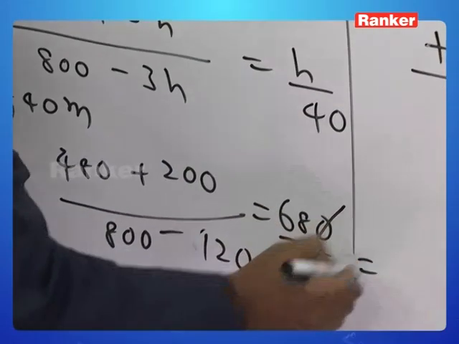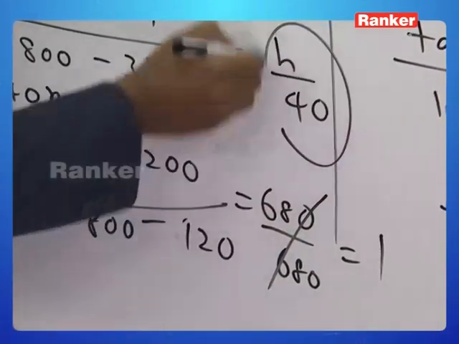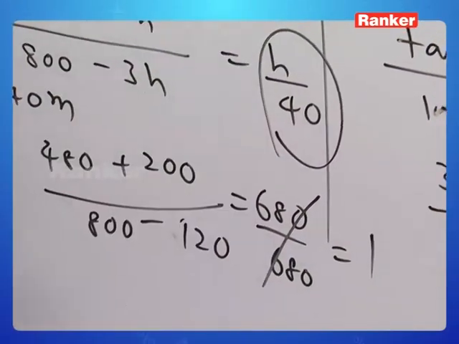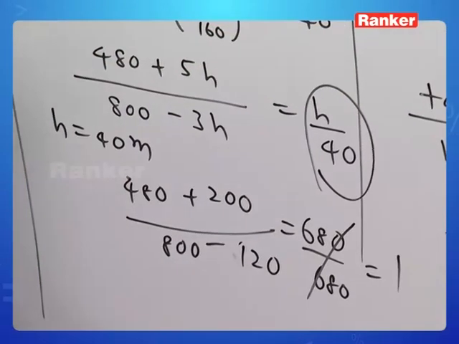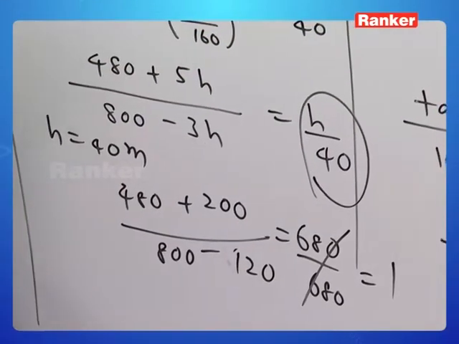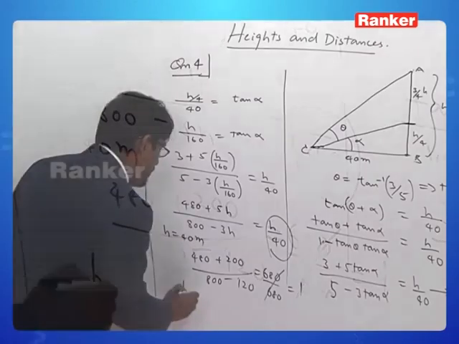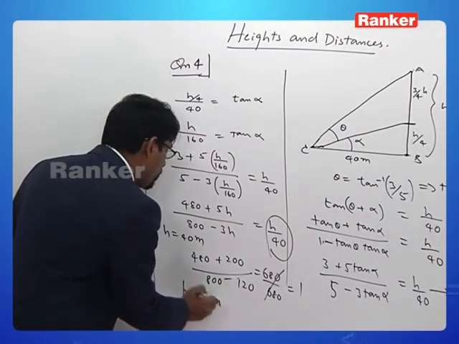So that matches. That will be 1. When h is 40, I am going to get the right hand side also to be 1. So clearly from the options we can find that h has to be 40. So h is 40 meters.